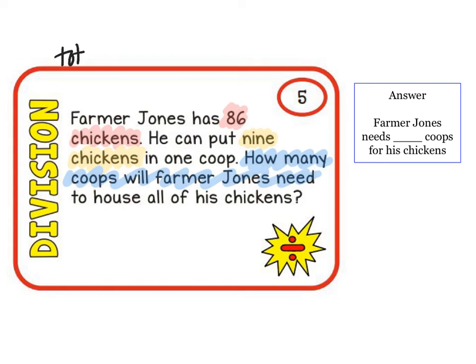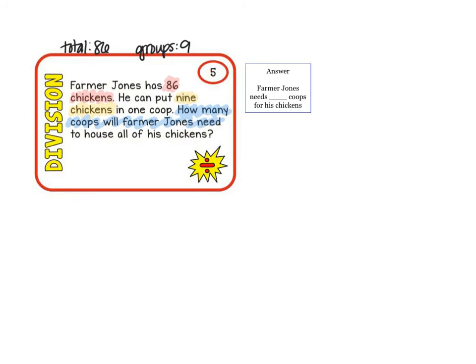So my total is 86 chickens, and I want to break them into groups of 9 chickens. So I'm going to divide 86 by 9. Now sometimes 9s are hard to remember, so let's list the multiples.